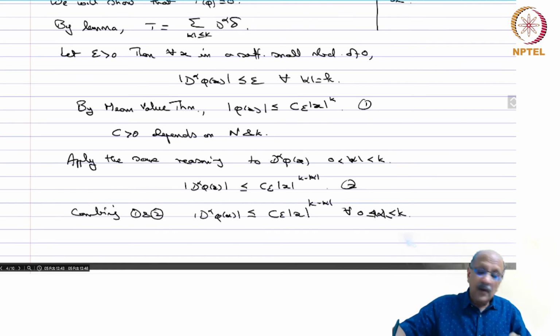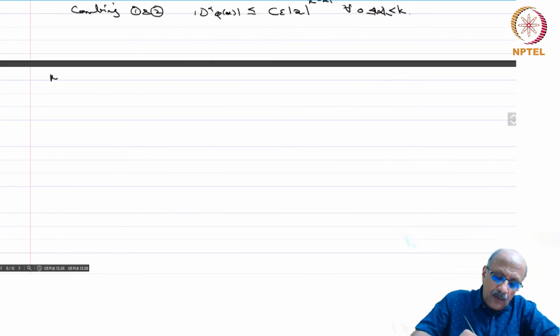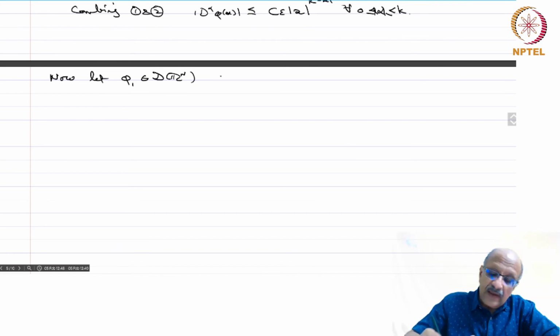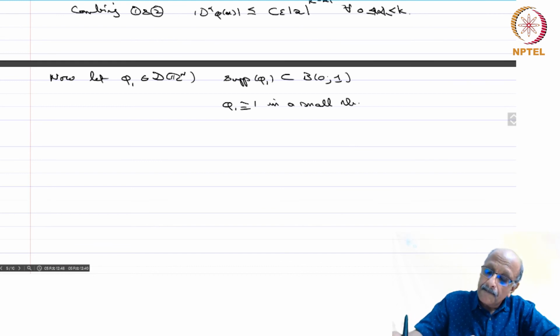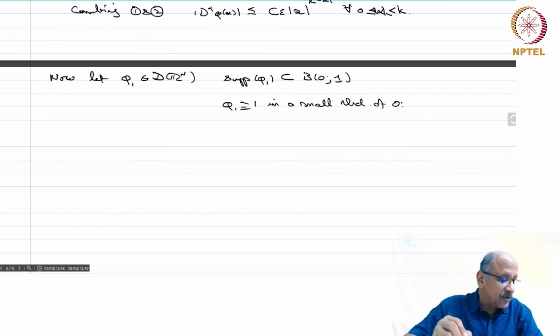Okay. So now let phi 1 belong to D of R^n such that the support of phi 1 is contained in the ball with center origin and radius 1, and phi 1 is identically equal to 1 in a small neighborhood of the origin. Again, this is the cutoff function which we have.